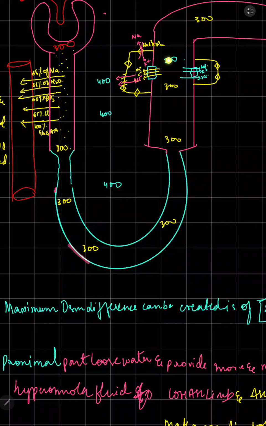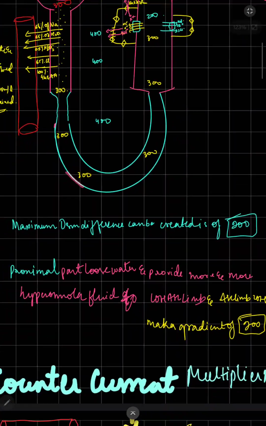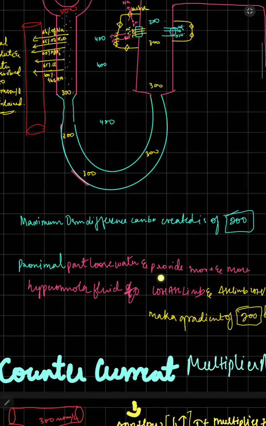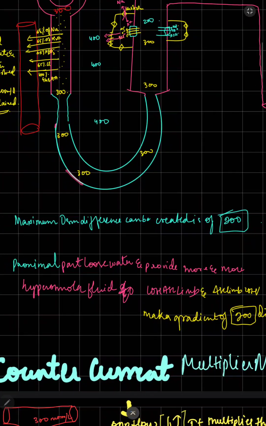So now you can see the gradient between them is 200, right? It is very important to know that the proximal part loses water and provides more hyperosmolar fluid to the ascending limb of the loop of Henle, and the ascending limb makes a gradient of 200 difference. So basically, the maximum osmolar difference that can be created is 200.